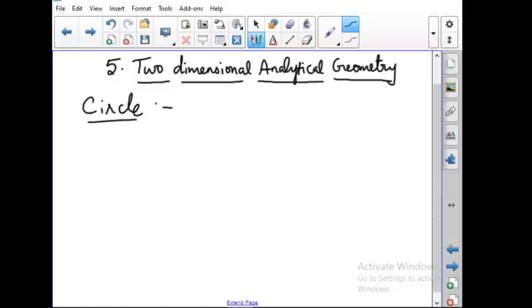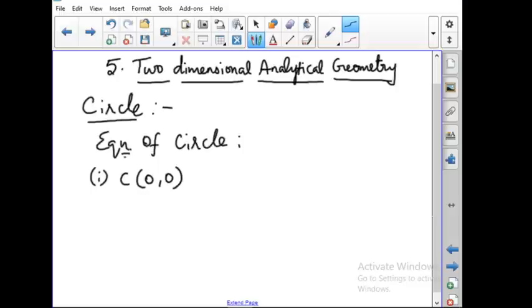Now we are going to see about the equation of circle. Equation of circle when the center is origin (0, 0): the equation of circle is x square plus y square is equal to r square, where r is the radius.